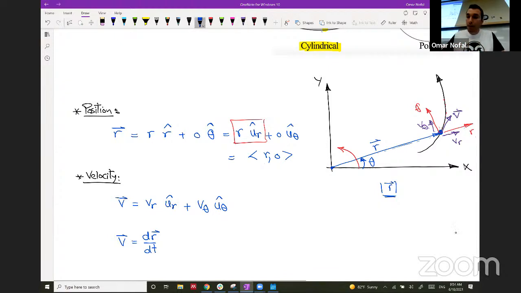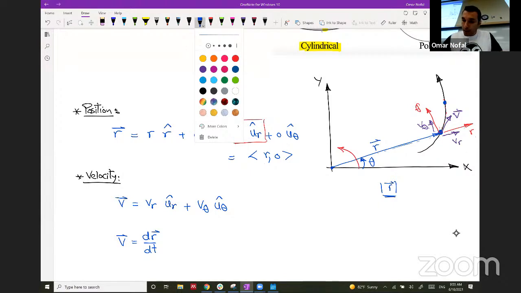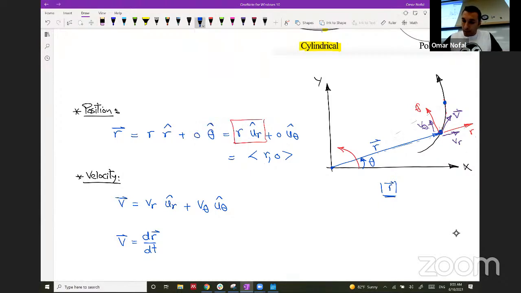If the particle is here, let's make this smaller, this will be the new position, and this will be the new r vector, and this will be the new theta. So let's see how r is changing over time.